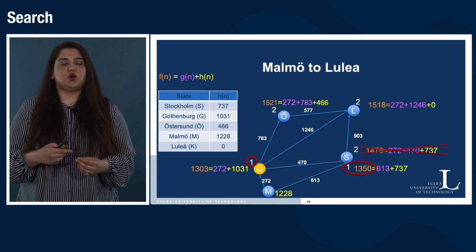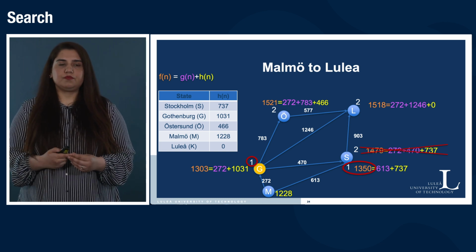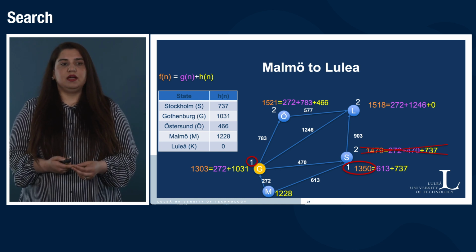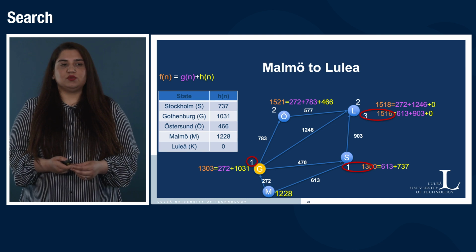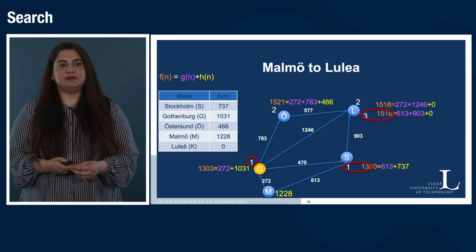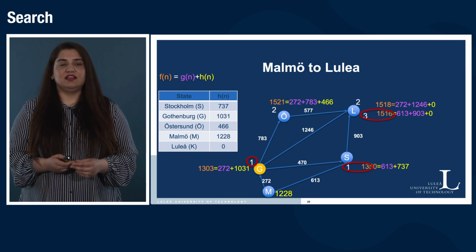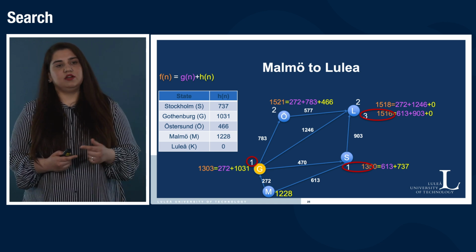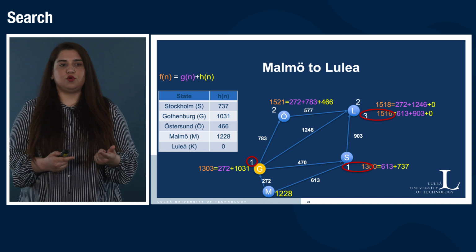And when we move on forward from there to Luleå, from this particular edge, we get the value 1518. But here you see this value 1350 is basically lesser than the path that we take if we go through Gothenburg and then go back to Stockholm and then move forward.